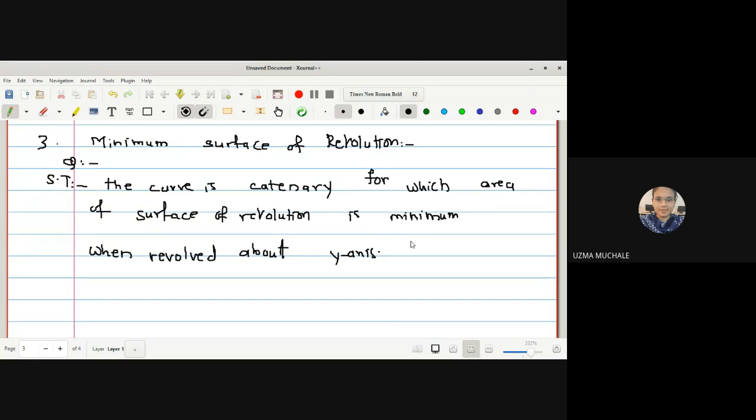Yes. Read this and tell me the meaning of catenary, as you are a student of mathematics.